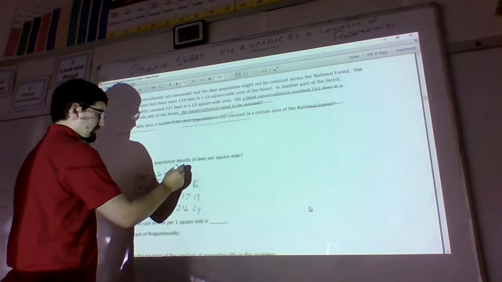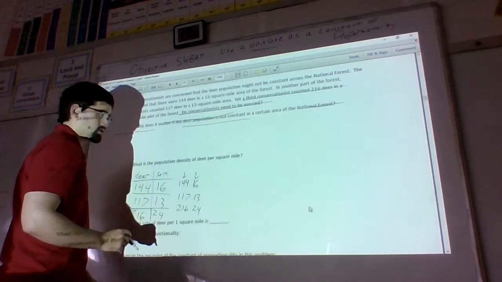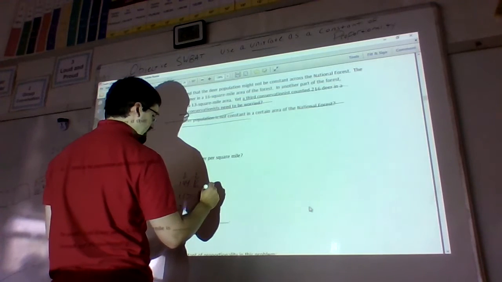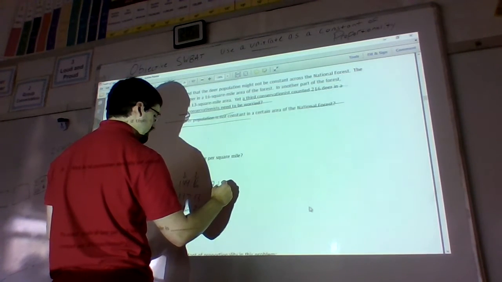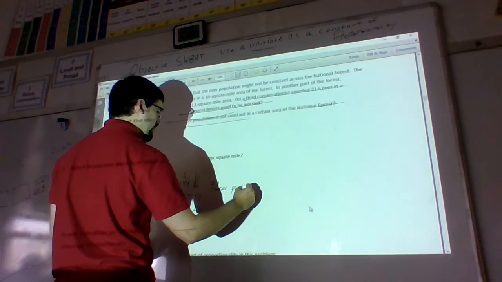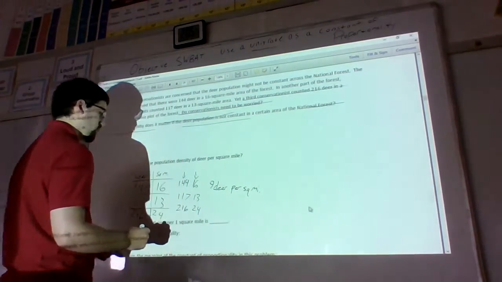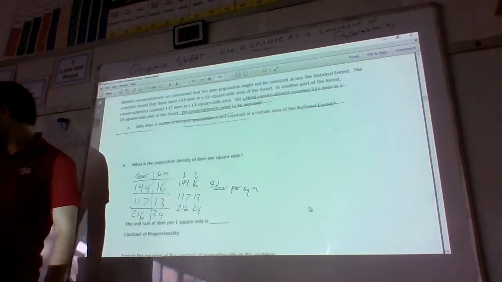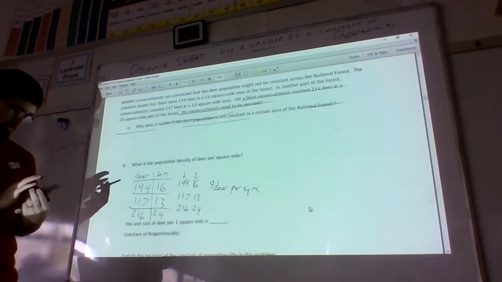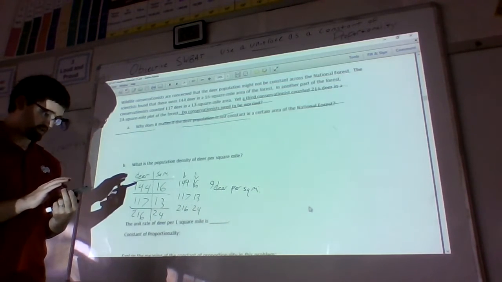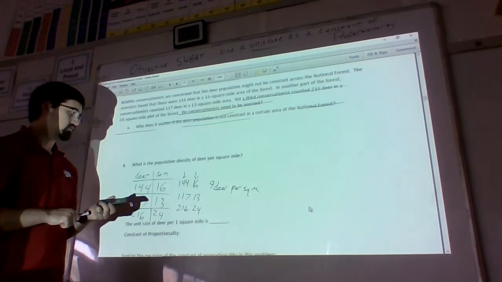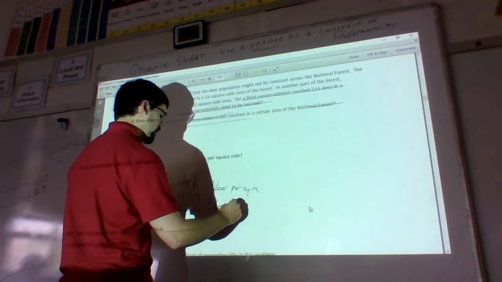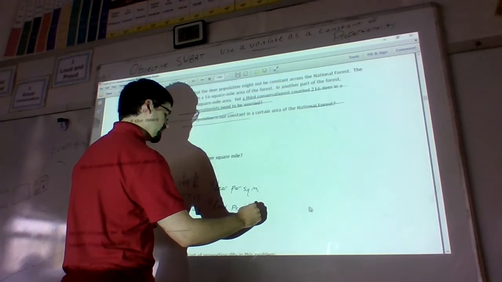I need to divide this number by this number. So what is 144 divided by 16? Just doing some mental math, that's 9 deer per square mile. 117 divided by 13, I do not know that one off the top of my head, so I will have to work it out. That gives me 9 deer per square mile.